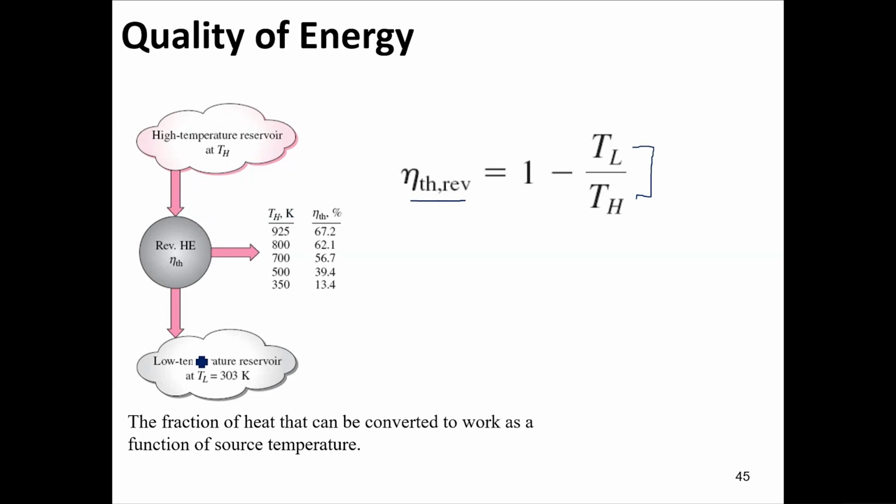If I keep my low temperature constant at 300 Kelvin, and if I start changing the temperature of the high temperature reservoir from 925 to 350, I see that the efficiency of my system decreases from 67.2 to 37.4.